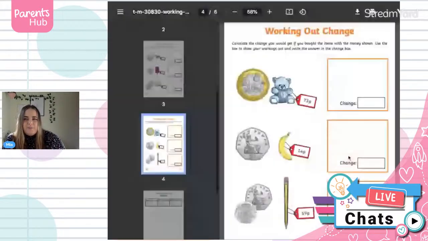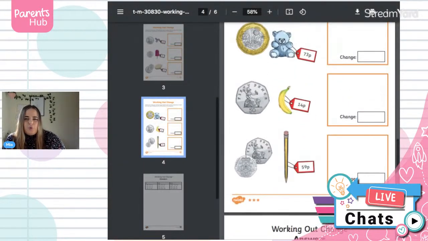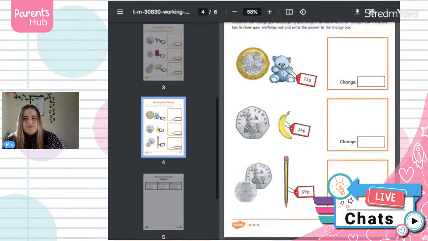So this resource is really good if you want to work out change, and it begins by just working out change in pence, and then you can extend your child's knowledge by doing this in a very similar way, but by using pounds and pence.